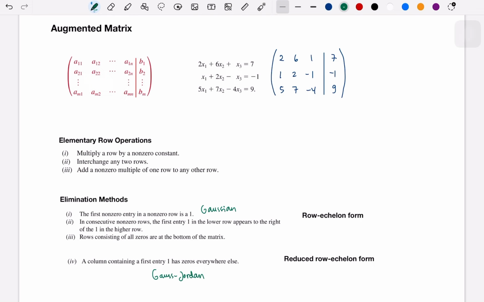So basically, I was just showing you the first process here, that you could interchange R1 to R2, which gives you 1 to -1.